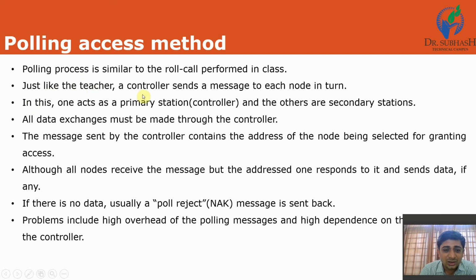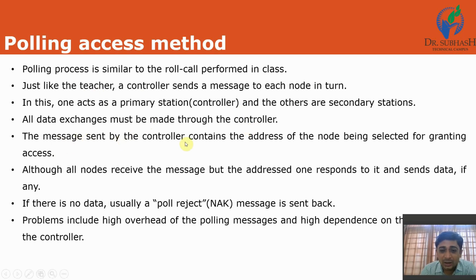Just like a teacher, a controller sends a message to each node in turn. In this, one acts as the primary station, that is the controller, and the others are secondary stations. All data exchanges must be made through the controller. Okay, a controller, a professor.